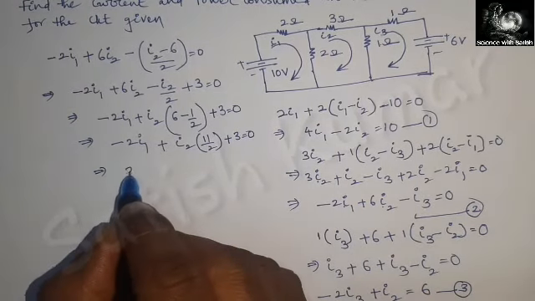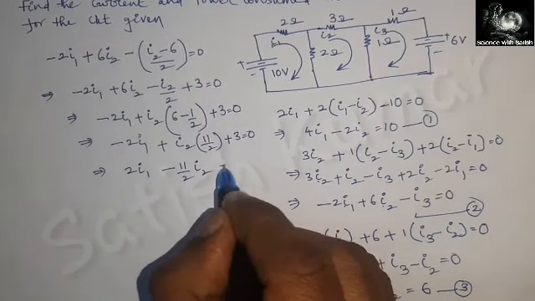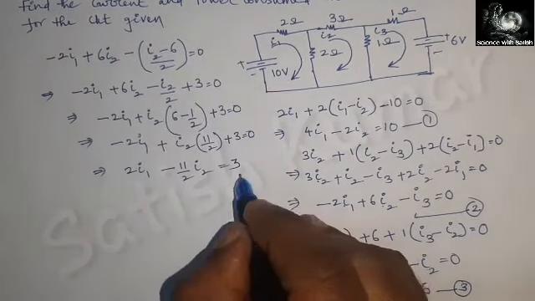So, 2I1 minus 11 by 2 I2 is equal to 3. This is equation 5.